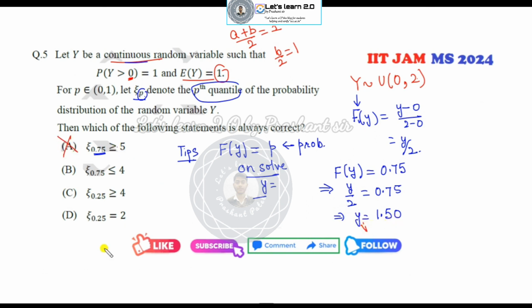So 1.50 is greater than 5, wrong. 1.50 is less than 4, correct answer. Now look at the 0.5. Y over 2 is the probability, that's 0.25. So that means Y will be my 0.50. Is it greater than 4? Cross. Which is equal to 2, wrong answer. So the correct answer is B, my right answer.